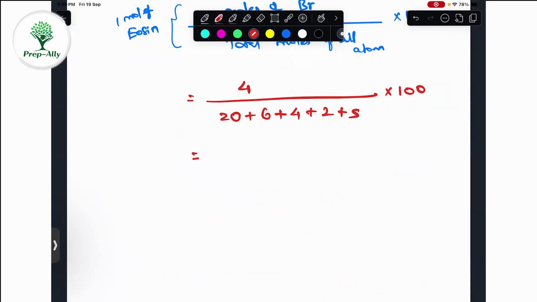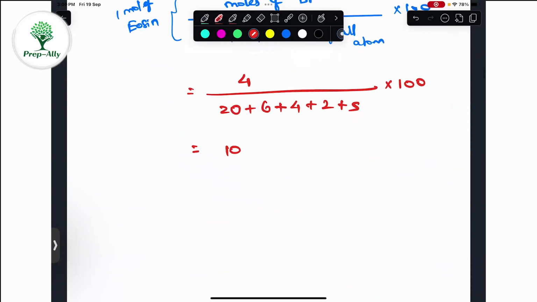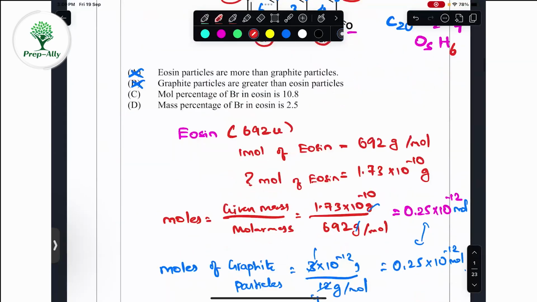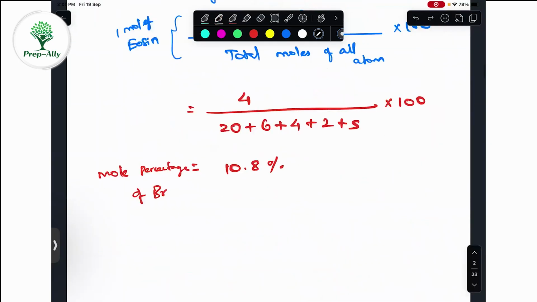If you calculate this, you will get the answer as 10.8. This 10.8 is the mole percentage of bromine. Okay. So the given option C is going to be the right answer. What about the mass percentage of bromine?